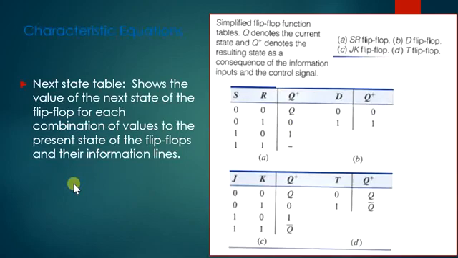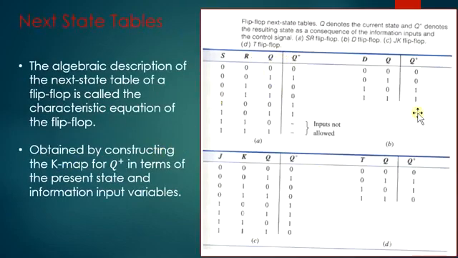So let us define what is a next state table. A next state table basically shows the value of the next state of the flip-flop for each combination of the values of the present state of the flip-flop and their information lines. If you look at this particular table, here we have the various flip-flops which show the present state, that is Q, and the next state, that is Q plus.